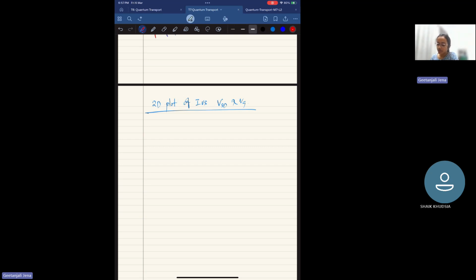To give a brief comparison, examples of classical dots are metallic quantum dots as well as some larger quantum dots that we can make using lithography techniques.